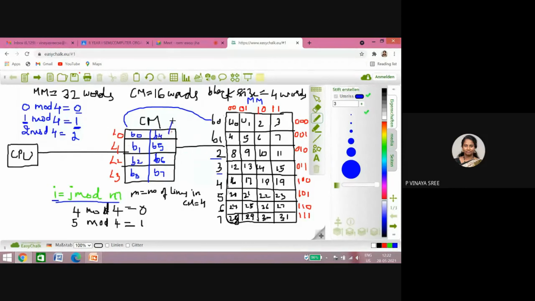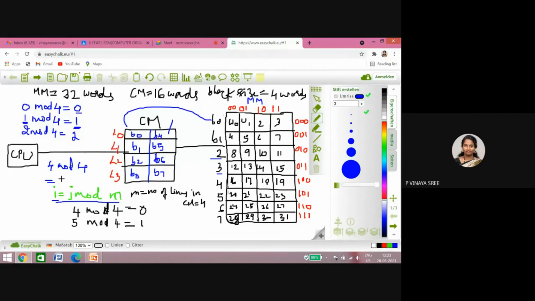So can anyone tell me why B4 is written in line number 0? Why not in some other line? Because block 4 in the main memory modulo the number of lines in the cache, which equals 4, gives 4 modulo 4.